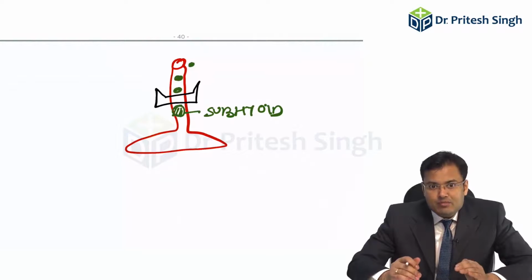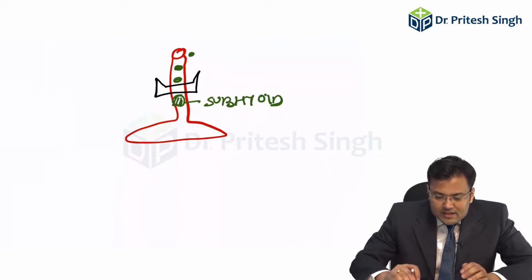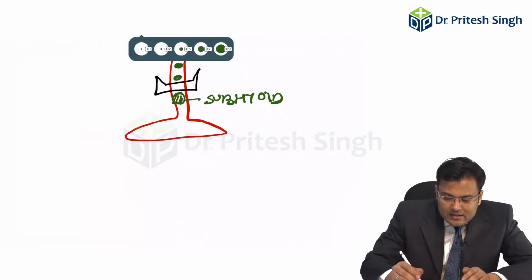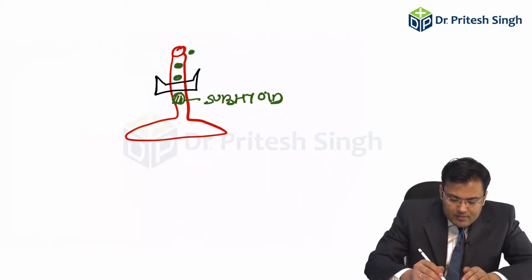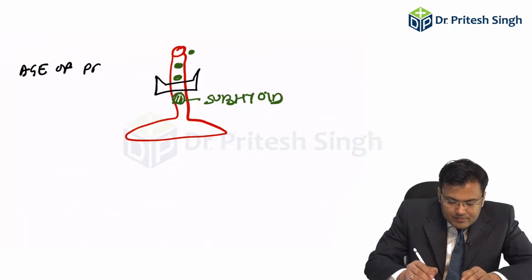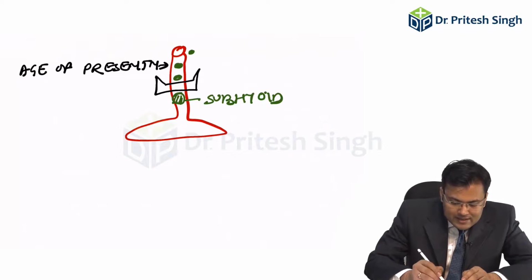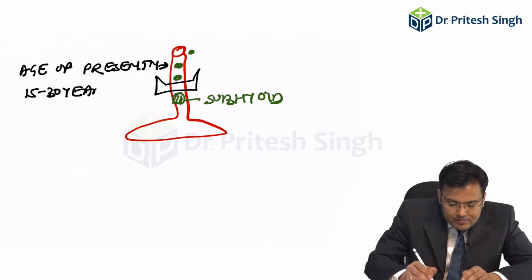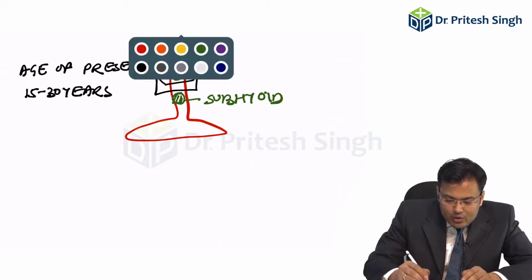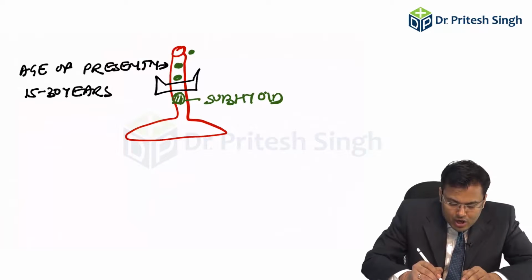So I'm repeating the important points. Thyroglossal cyst is a congenital anomaly, but the age of presentation is 15 to 30 years. You can see the locations. The most common location is subhyoid.